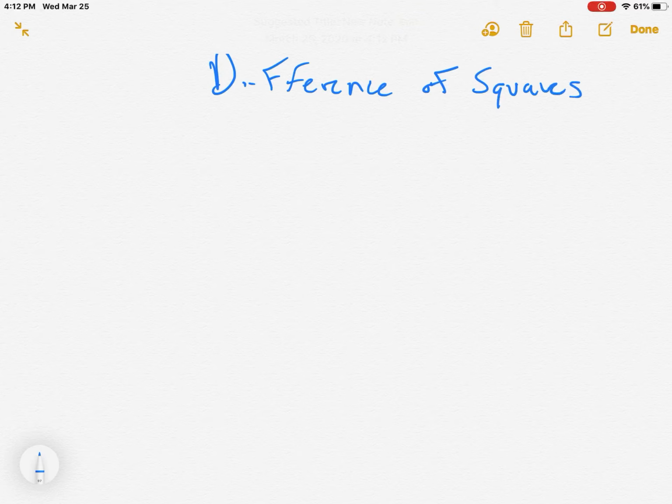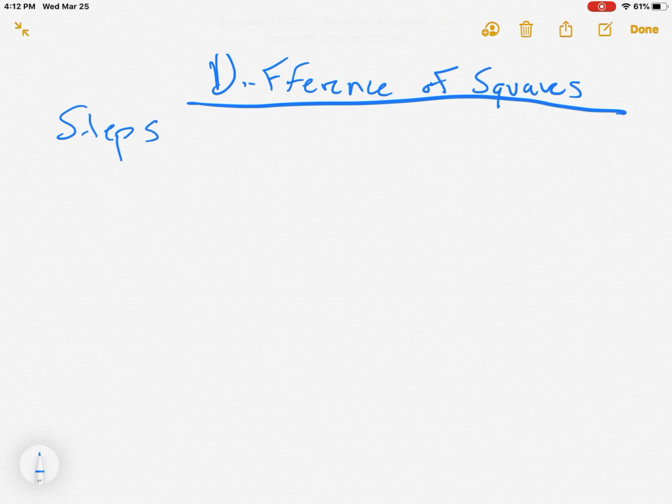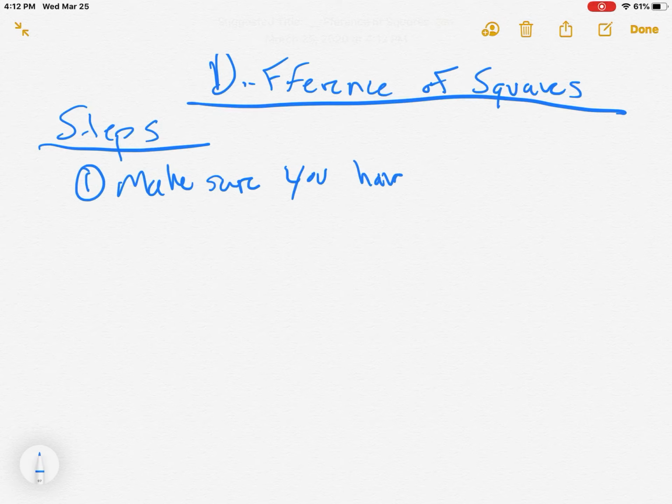There we go. We have some steps to factor by difference of squares. Step number 1: make sure you have an actual difference of squares.